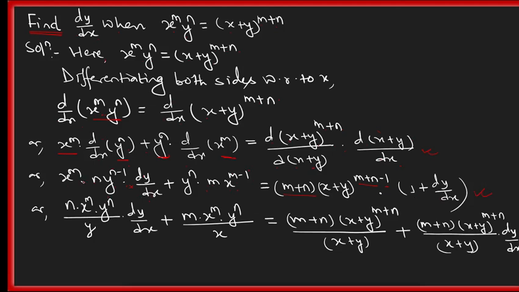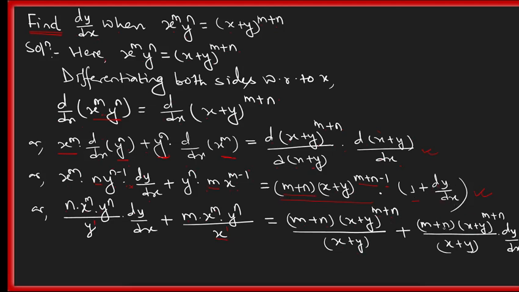So here you can see this is n times x to the power m times y to the power n divided by y, the power of minus 1 goes down, y to the power 1, times dy by dx, plus here also m x to the power m y to the power n divided by x, similar pattern, equals all this term times m plus n, x plus y to the power m plus n minus 1, the power of x plus y goes down, that is x plus y to the power 1, plus all this term multiplied by dy by dx.